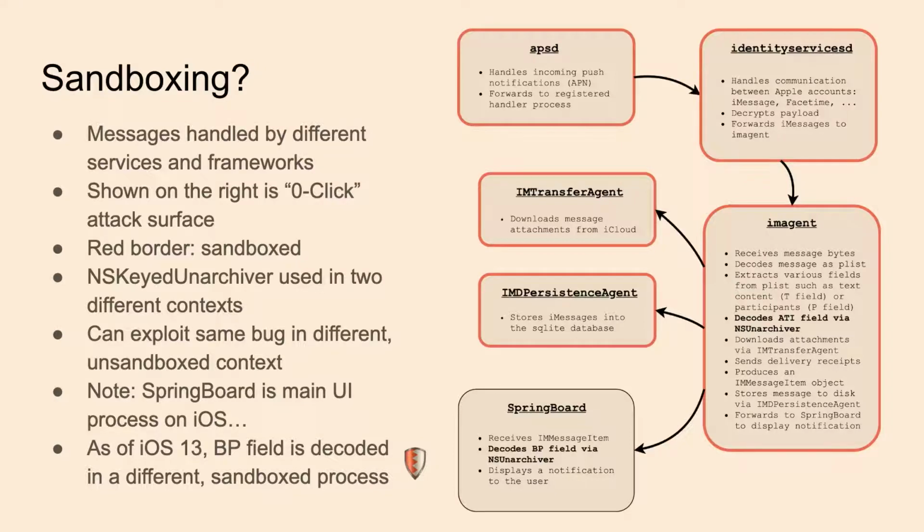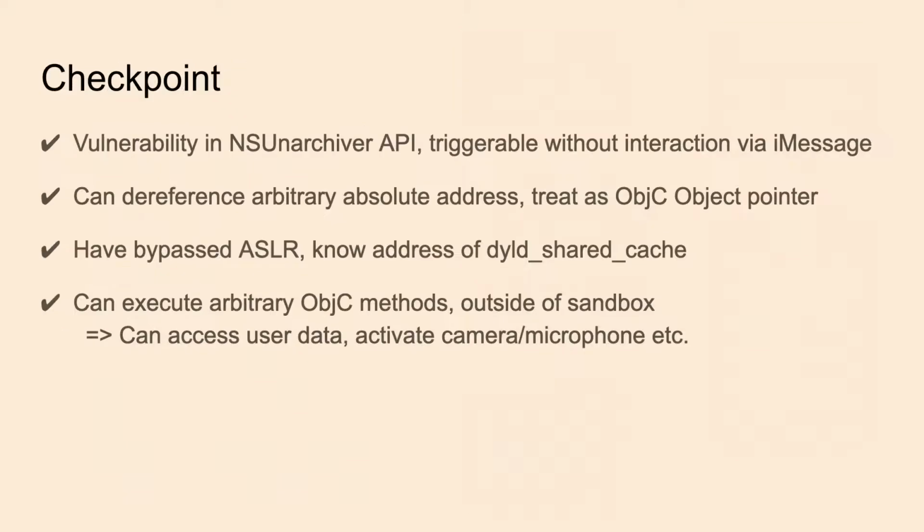And SpringBoard is not sandboxed. So it's the main UI process. It's basically what's handling showing the welcome screen and so on. And so what that means is, well, we can just target SpringBoard and then we get code execution outside of the sandbox, so we don't actually need to worry too much about the sandbox. As of iOS 13, this is fixed, and this key is now decoded in the sandbox.